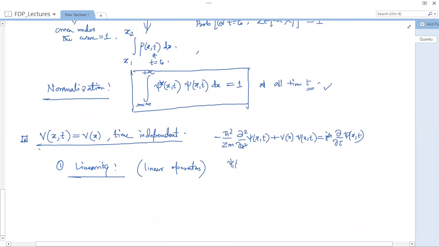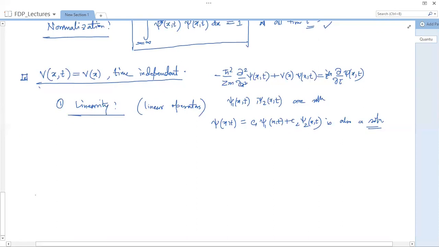So if psi1 of xt and psi2 of xt are solutions of this equation, their linear combination psi of xt equal to c1 psi1 plus c2 psi2 is also a solution. So that's the first thing, linearity.